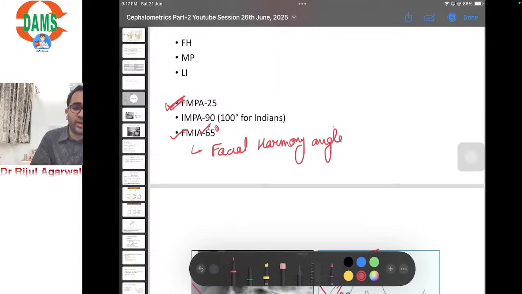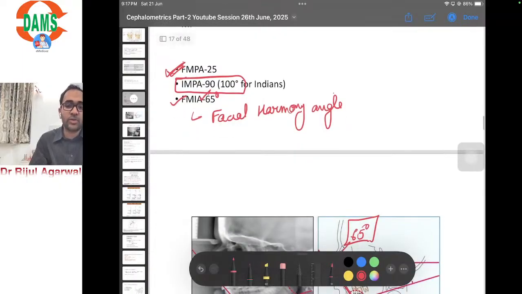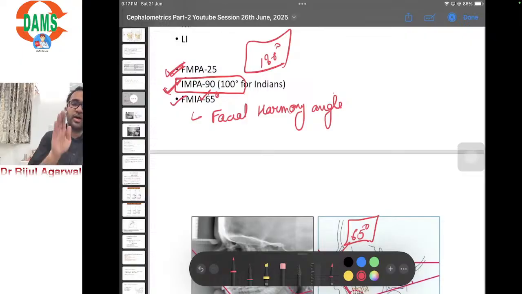So what you can alter is the incisor mandibular plane angle, because we know from our high school mathematics that the sum of three angles of a triangle is 180 degrees. If you can alter the incisor mandibular plane angle by changing the inclination of the lower incisors, you can manipulate the FMIA according to your wish, because FMA is fixed.